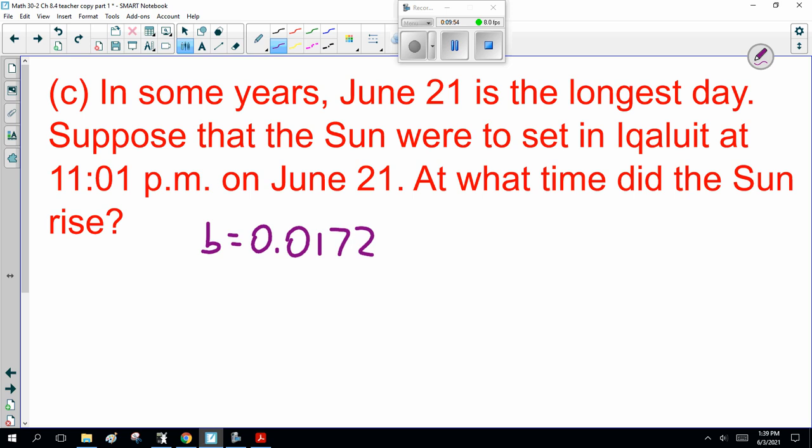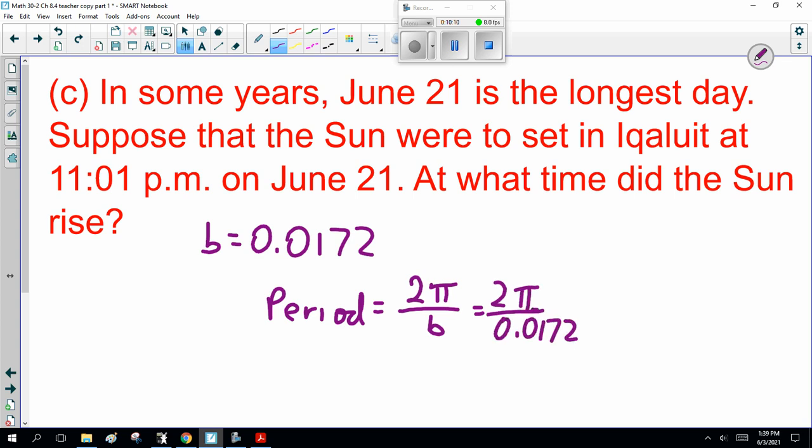Now remember, period should be 2 pi divided by your B value. You do all that work and then realize we're talking about the sun in the year. What's the length of a year? 365 days.